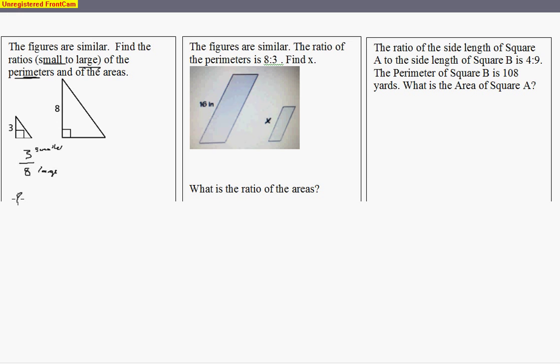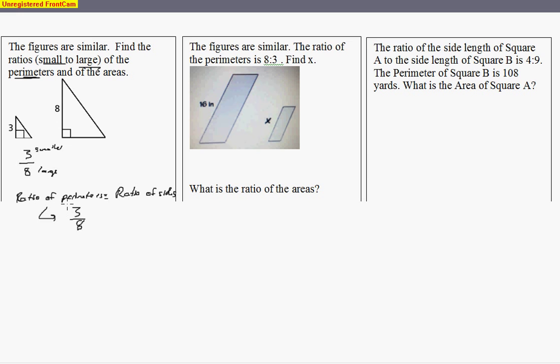Well, the ratio of perimeters equals the ratio of sides. And that was a key concept in this chapter, section 6 of chapter 2. So we'll say the ratio of perimeters is 3 to 8.